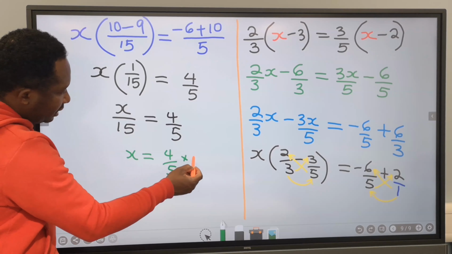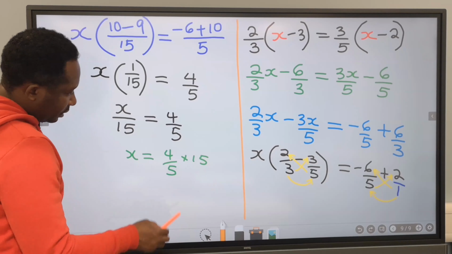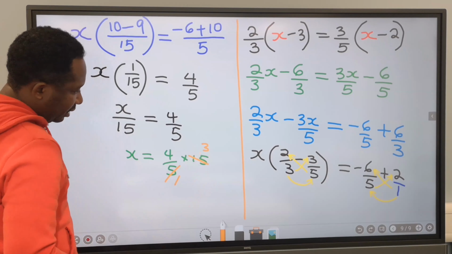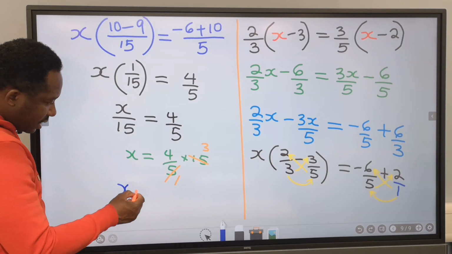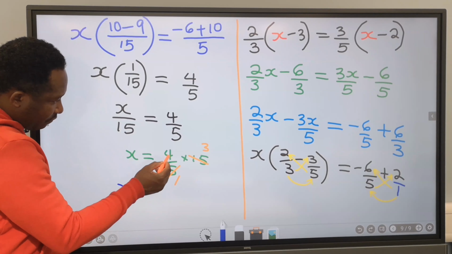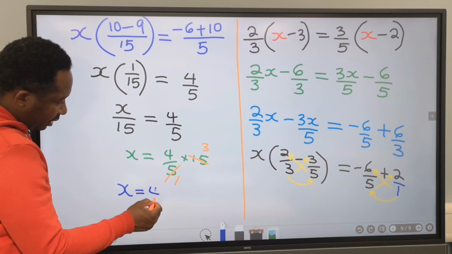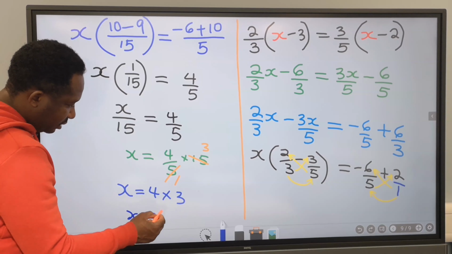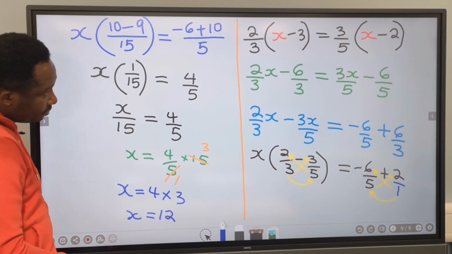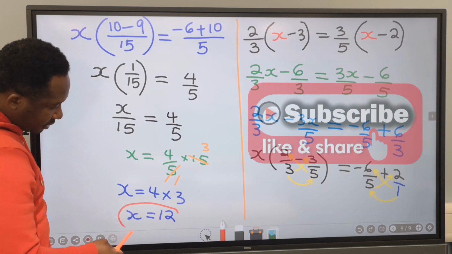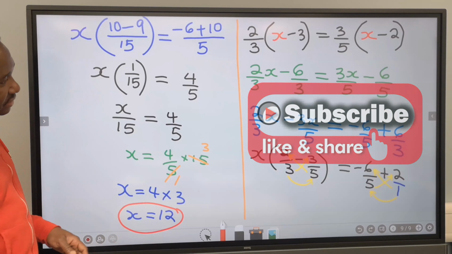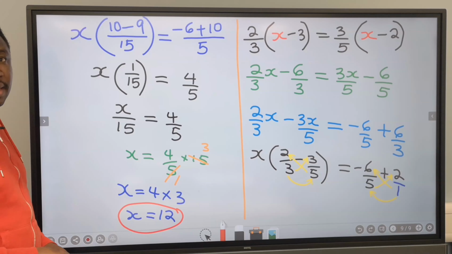On the other side, it will multiply. 5 here is 1, and 5 here is 3. X is now 4 times 3. And our x is 12. And this is our answer. We have made x the subject in this equation.